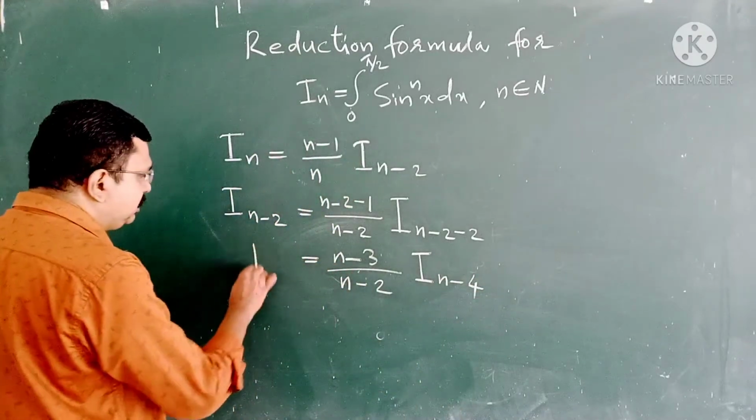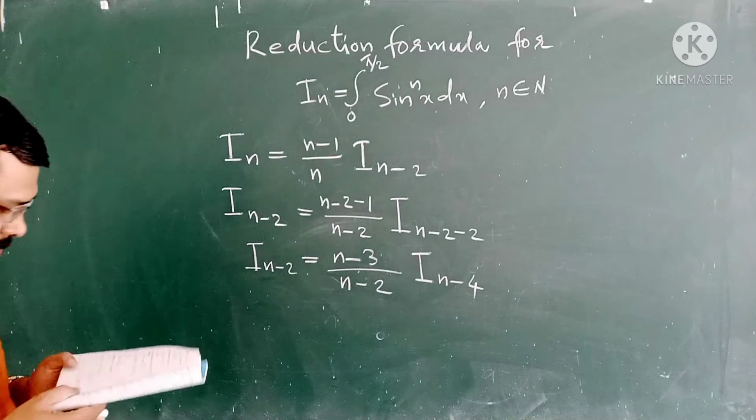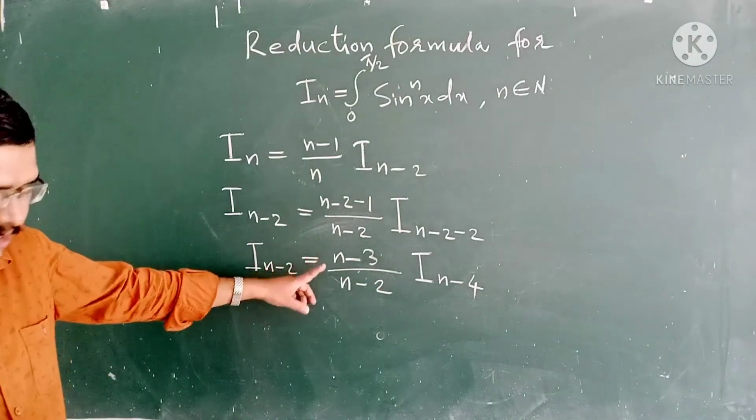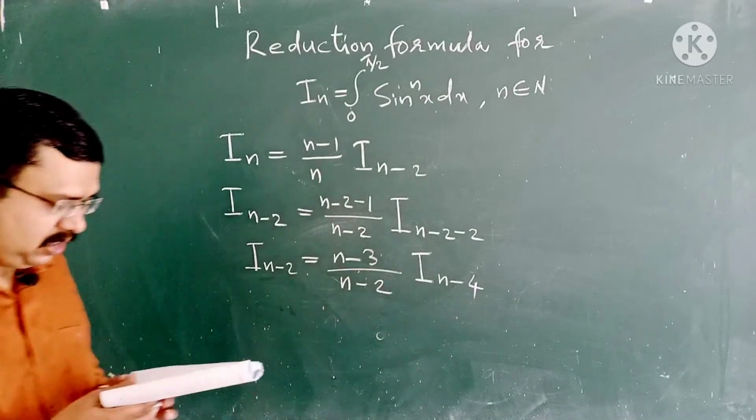That is how we get I n minus 2. What is I n minus 2? It is n minus 3 divided by n minus 2 into I n minus 4.